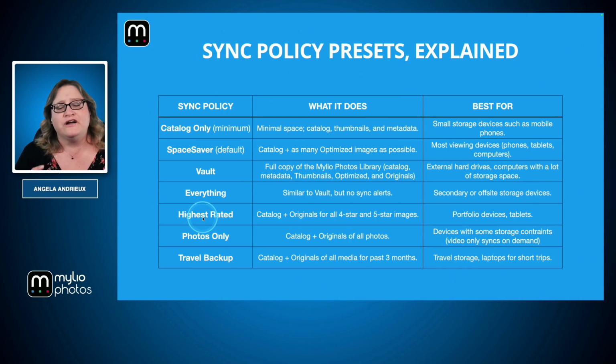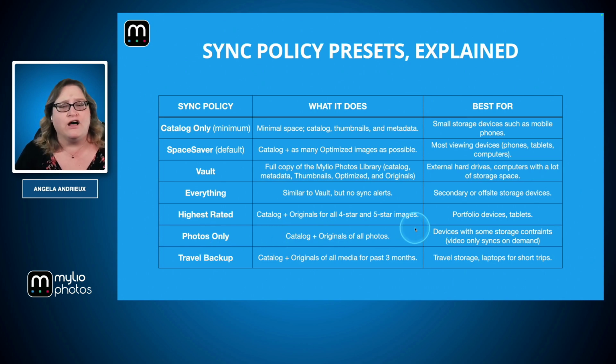Then you have a few other specific case-driven presets that you can choose from. You have highest rated. So if you've got a laptop with a good size storage, but maybe not enough to store everything, maybe you want to store the catalog plus all of the originals for your 4 and 5 star images. Or photos only lets you have the catalog plus originals of all your photos.